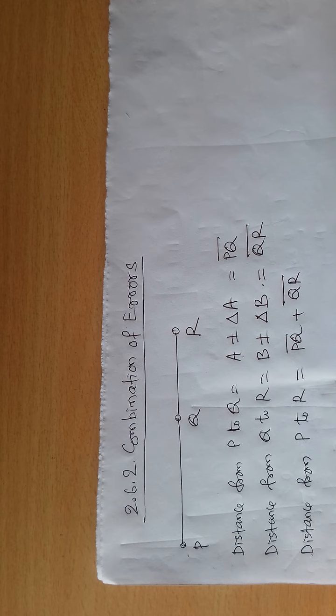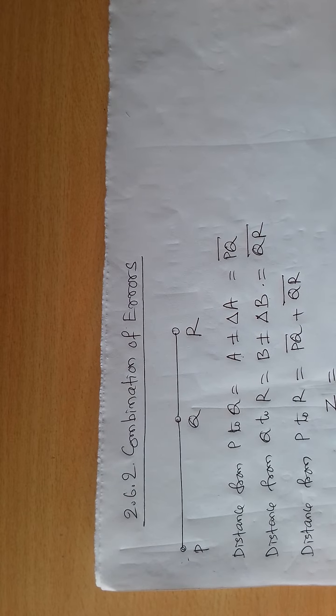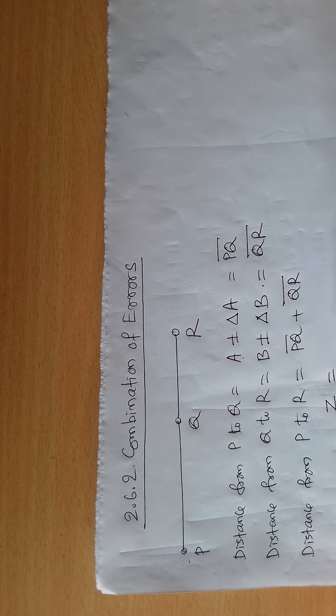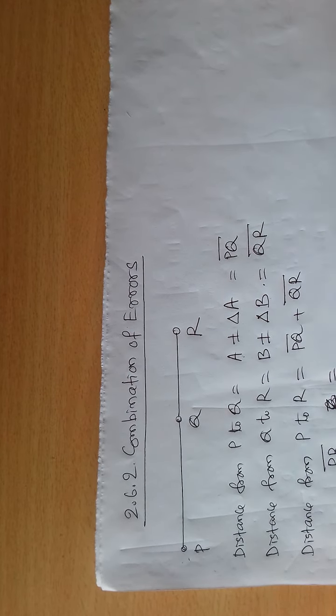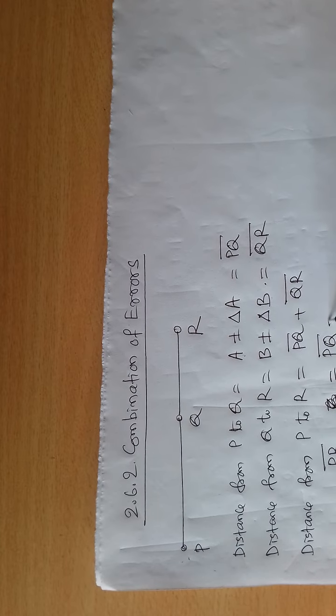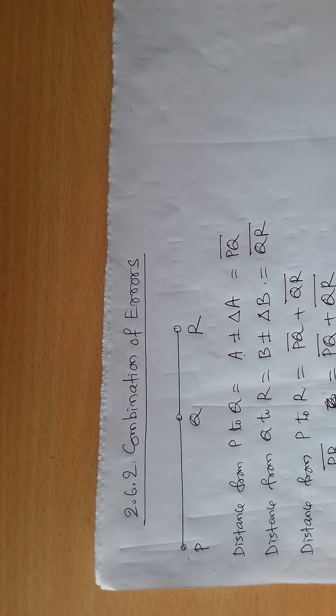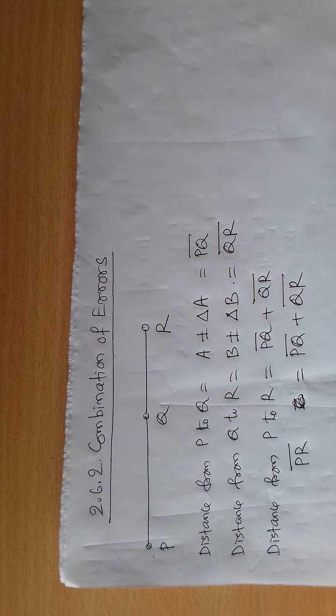Okay. Suppose the distance from P to R is Z. So you write here this as measured value of, let me write, PR. PR is equal to PQ plus QR. Okay.